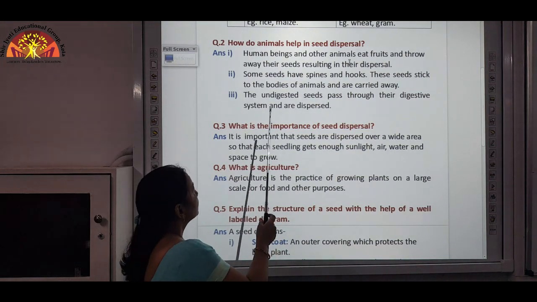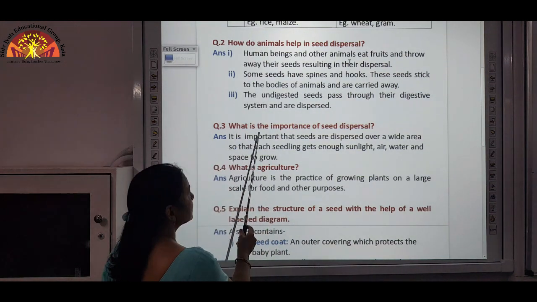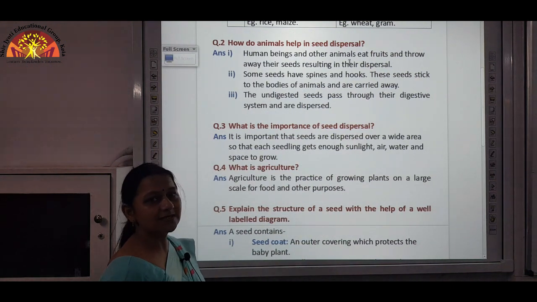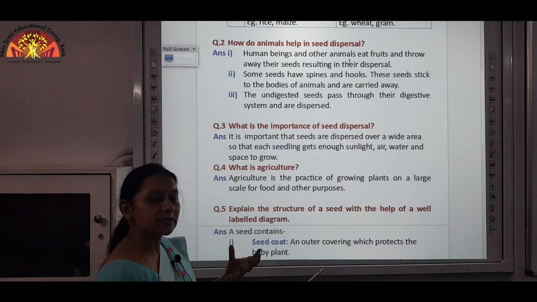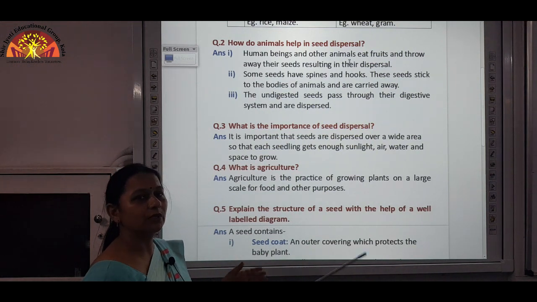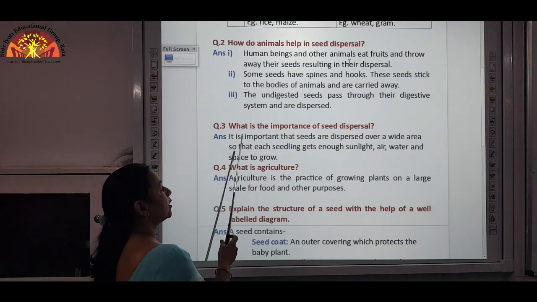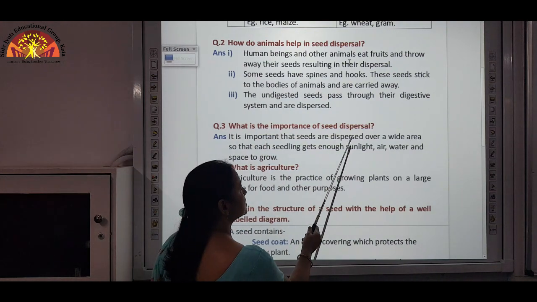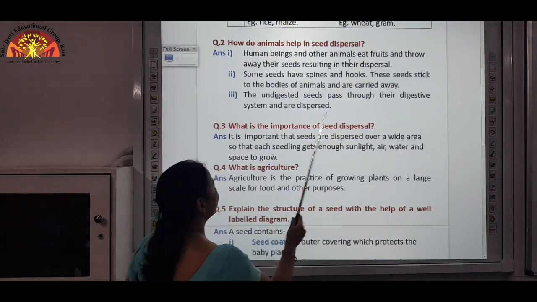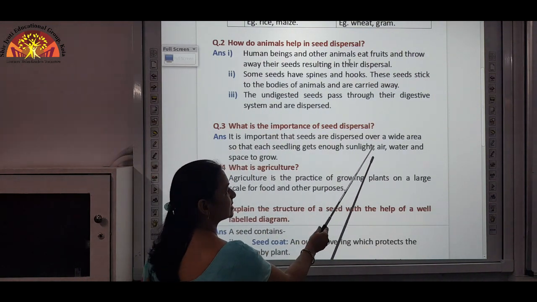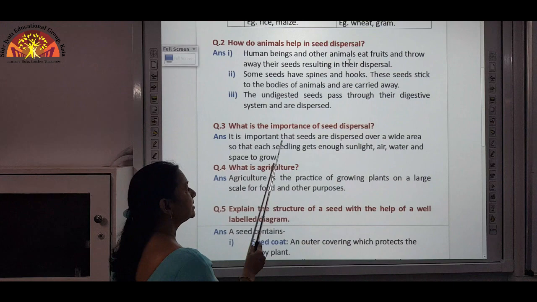Now, third one, what is the importance of seed dispersal? Means why it is important to disperse the seeds. Why cannot we grow the seeds all together at one place? It is important that seeds are dispersed over a wide area so that each seedling gets enough sunlight, air, water and space to grow.